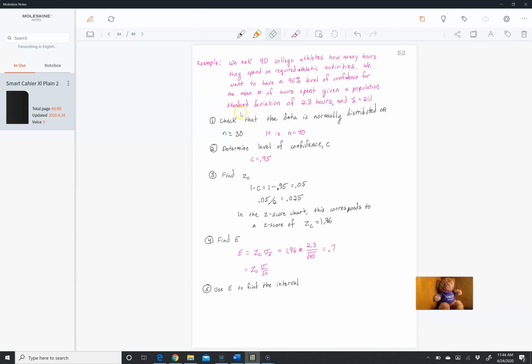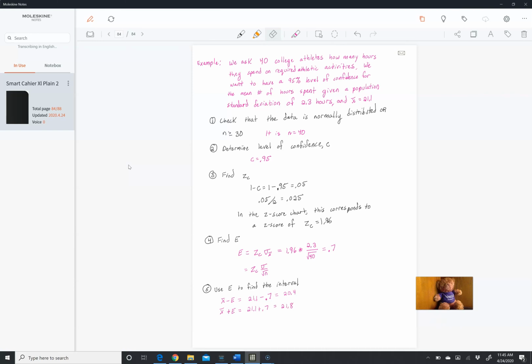Sorry about that. So we're going to do 21.1 minus 0.7, and 21.1 plus 0.7. So this is x bar minus E and x bar plus E. We're doing our point estimate plus the margin of error and the point estimate minus the margin of error. So we get 20.4 here and we get 21.8 here.